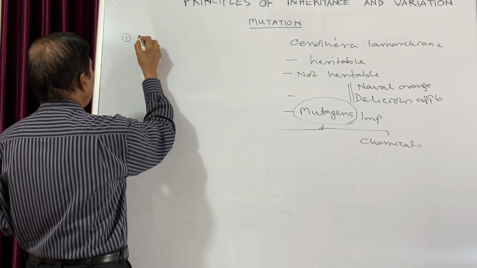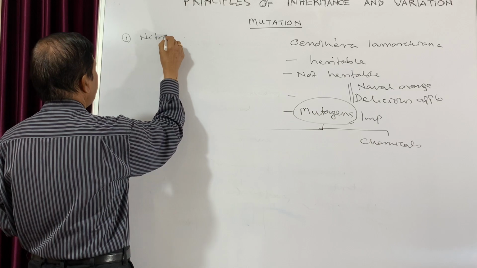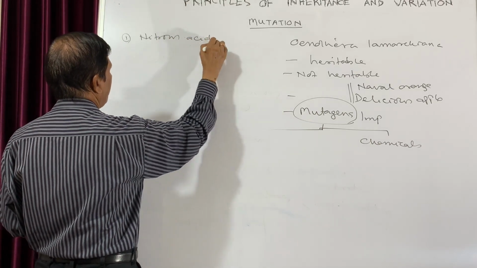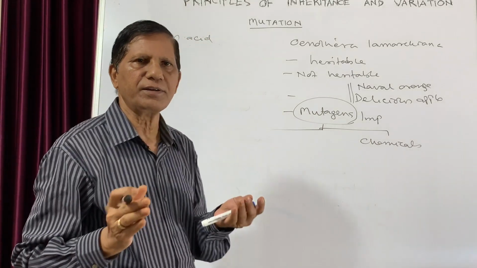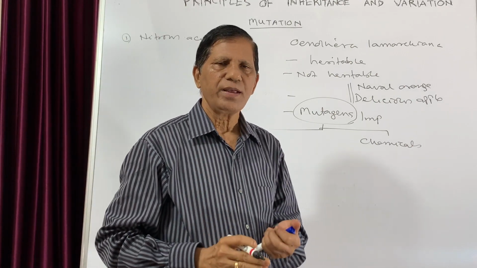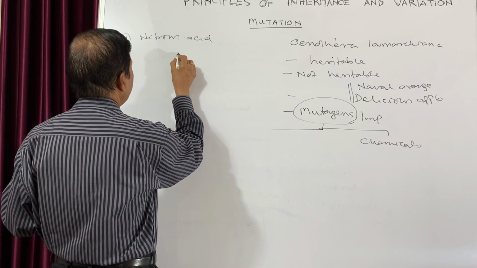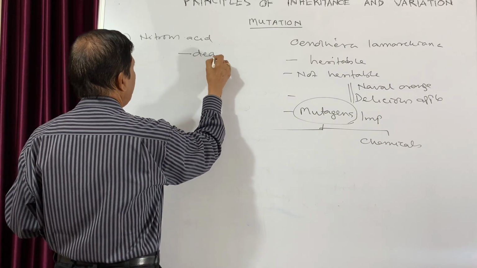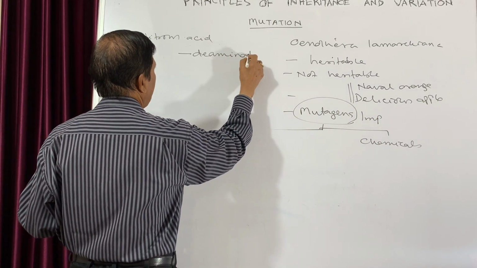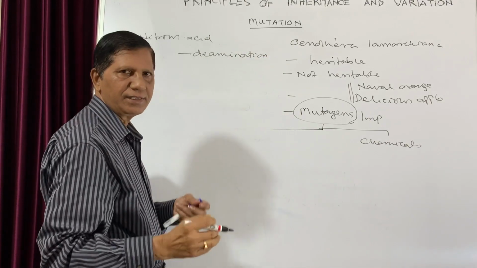Now, number one is nitrous acid. This is one of the very important mutagens. Usually the nitrous acid acts as a deaminating agent.